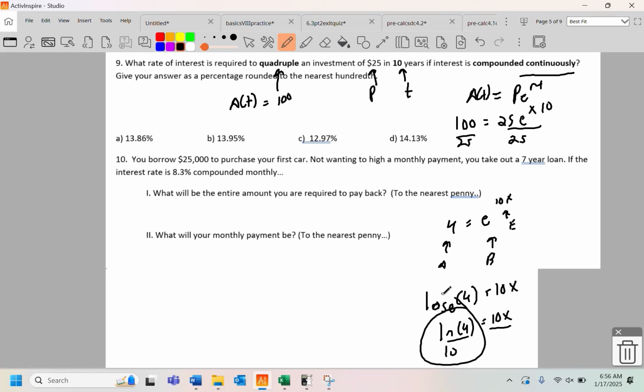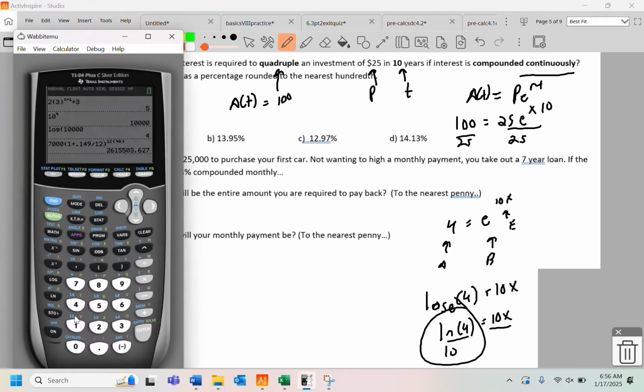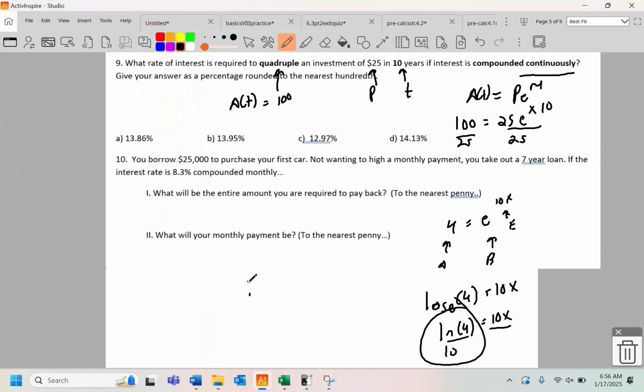And that's your answer. We have ln of 4 over 10, which is 0.1386 right there.